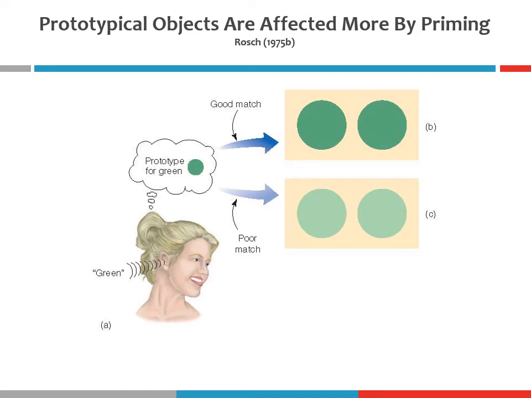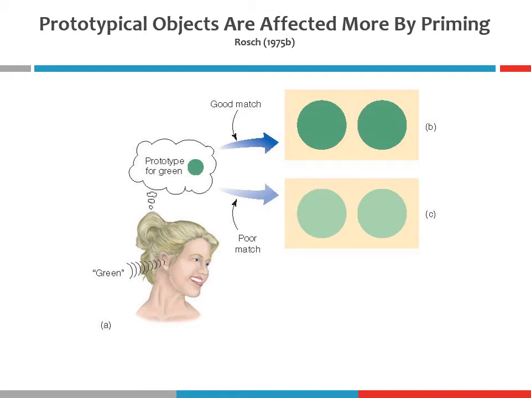The particular measurement that Eleanor Rosch was interested in for this experiment was how quickly participants could look at those 2 colors and decide whether they were the same or different.